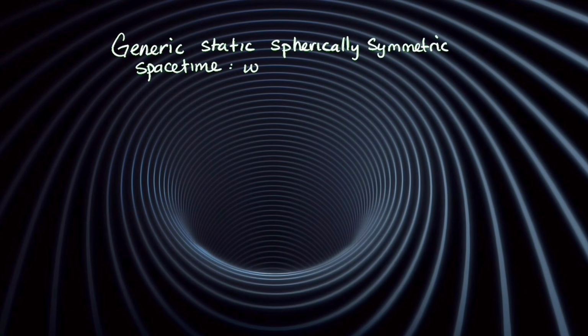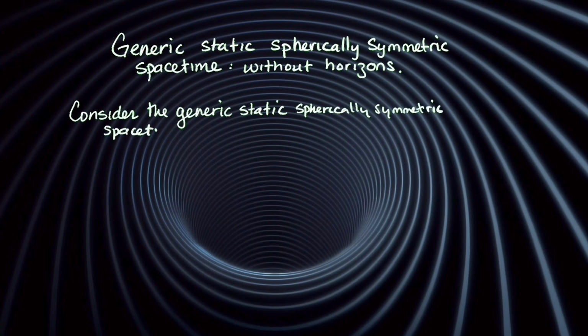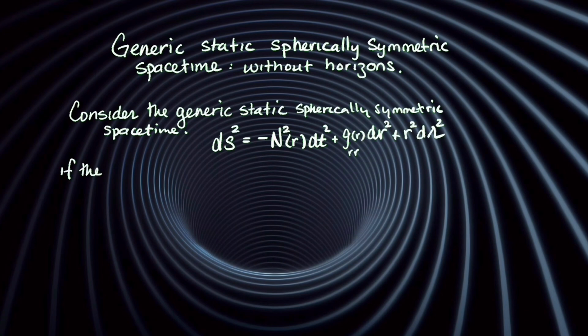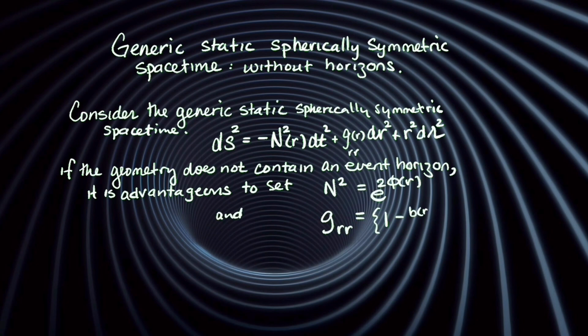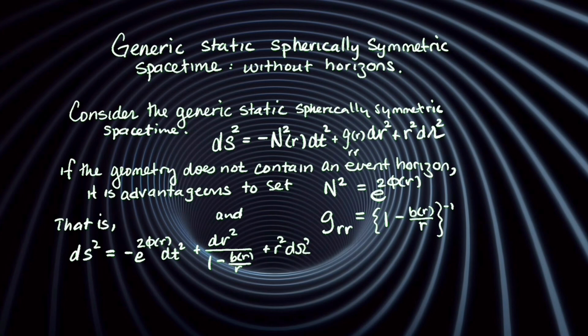Now, if one considers the generic static spherically symmetric spacetime without horizons, one then considers the general static spherically symmetric spacetime given by this equation, where if the geometry does not contain an event horizon, it is advantageous to set n squared equal to this function, and the radial metric component to be this, giving us ds squared equal to this expression.